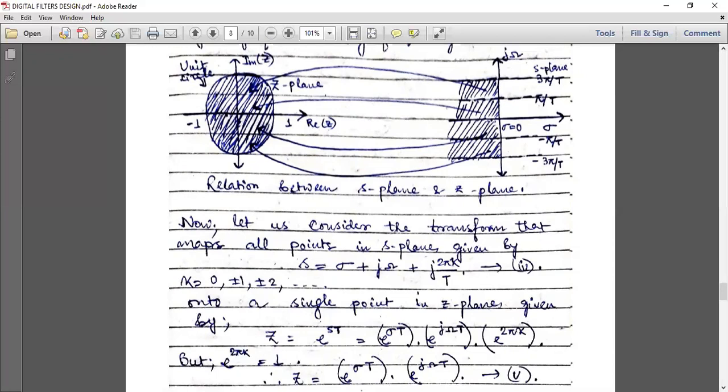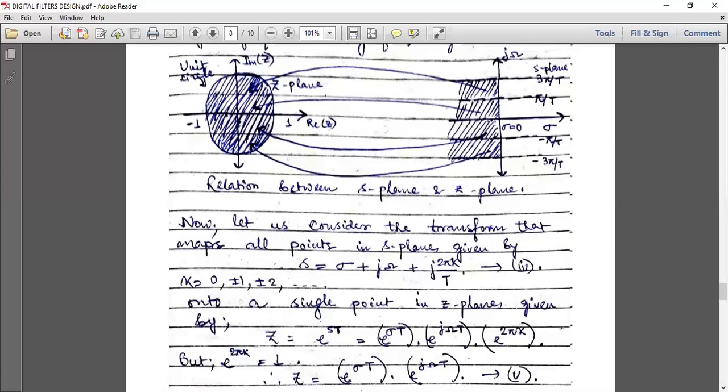Thus, if sigma less than 0, then R will be greater than 0, less than 1. Small r, which is e to the power sigma t. So this indicates that the point is mapped inside the unit circle.